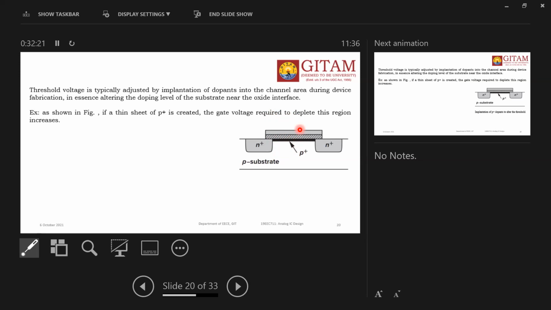Once the balancing condition is achieved, the channel will be created. So if it is 4 volts, you need to apply 4 volts. That's why, based on the insertion of the P plus region, your threshold voltage is rising. Like that, you can adjust the threshold voltage.